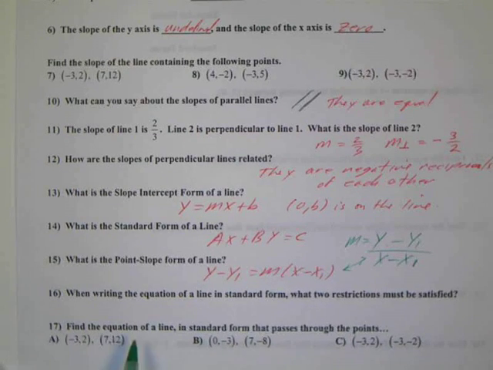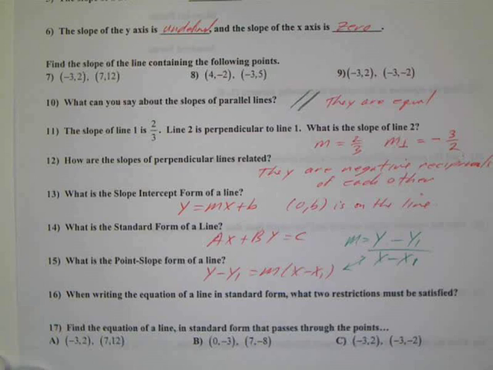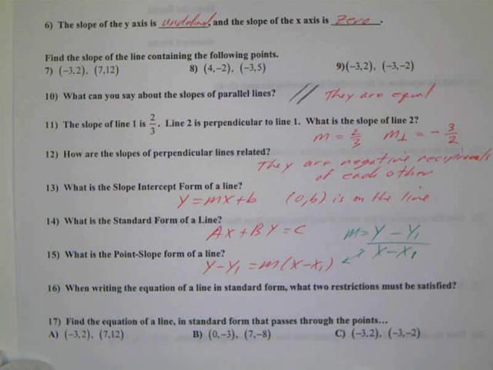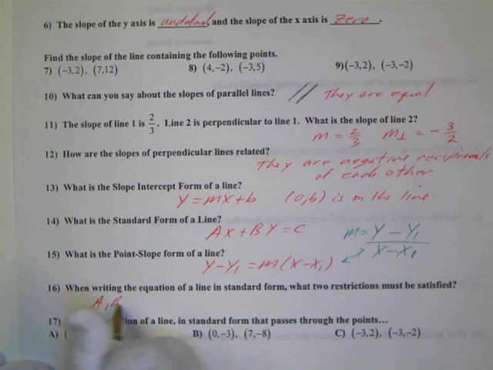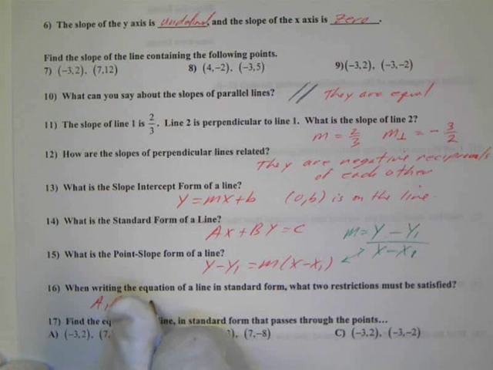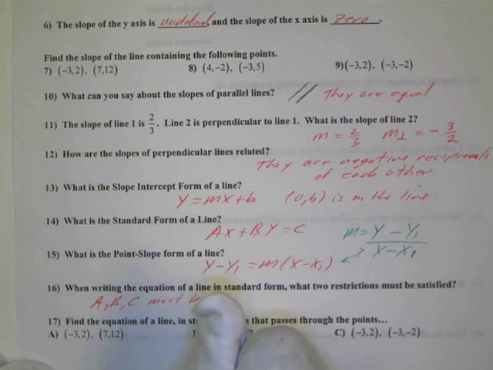Okay, and then it says number 16, I already told you this, when writing the equation of a line in standard form, what two restrictions must be satisfied? Well, a, b, and c must be integers.